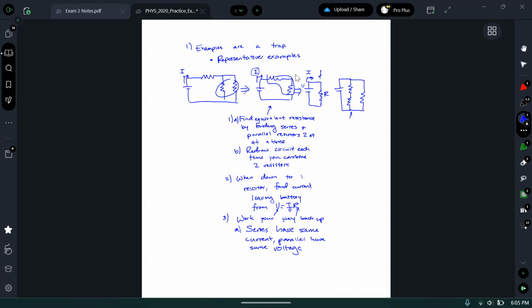But that I can then use to say, okay, now I know specifically the current through this resistor and specifically the current through this resistor. So that means I can find the voltage specifically across this resistor from the current through it times its resistance, and same for this one. Once I've done that, I know everything there is to know about that version of the circuit. It's not the full circuit. It's not the most complicated version that we started with, but I know everything there is to know about it, at least.